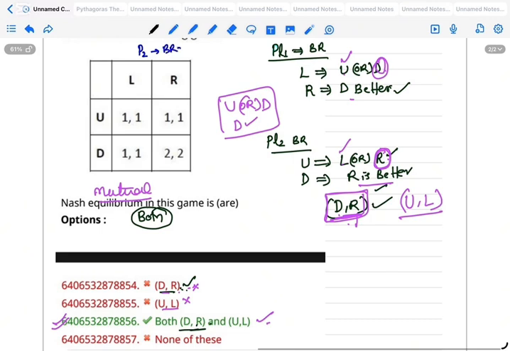How do we find player 2's best response? Player 1 plays up or player 1 plays down.